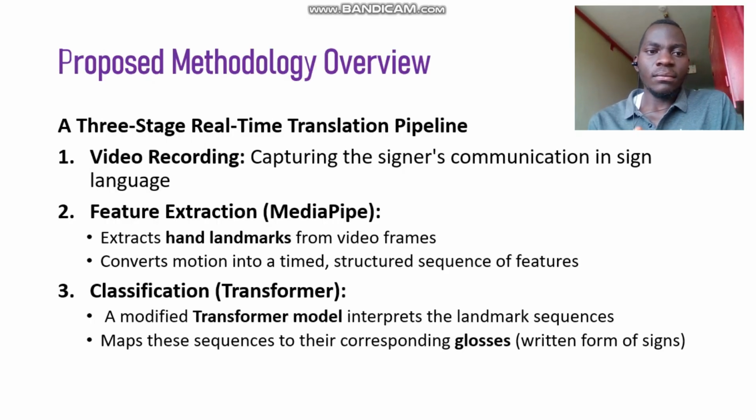So basically, their methodology is just a three-stage real-time translation pipeline. They record a video of someone signing, then MediaPipe does the extraction of hand landmarks and converts them into sequences of features, and these features are then transformed by the transformer into glosses, and these glosses map to signs.